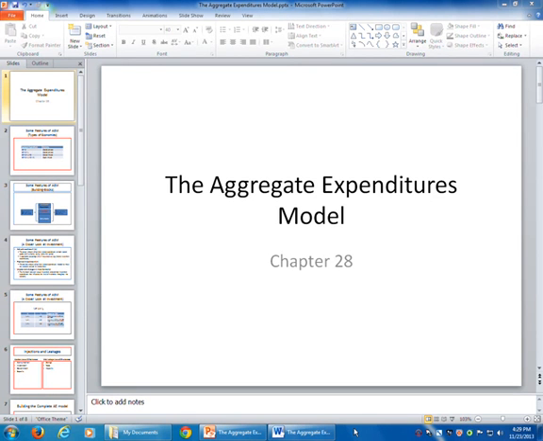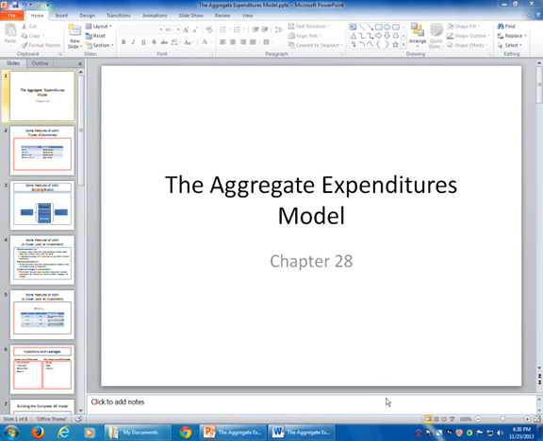So it's a nice sequence. Chapter 27 is kind of like a foundational chapter for building the model. In chapter 28 we will actually build the model, and then in chapter 30, which we will discuss next week, we will use fiscal policy to address any type of economic gaps that exist in the economy.